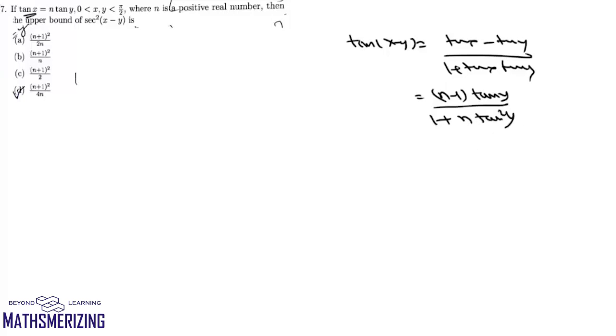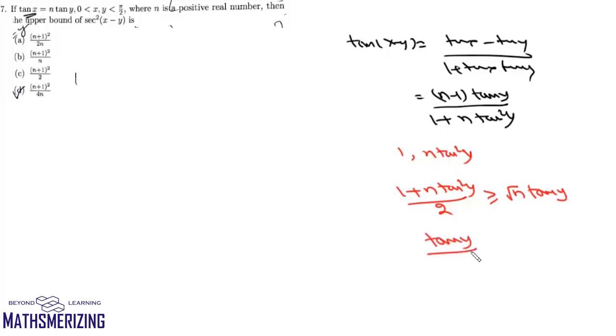Now if we take the arithmetic mean of 1 and n tan square y, we can write this as 1 plus n tan square y by 2, and it will be greater than or equal to its geometric mean, and its geometric mean will be under root n tan y. From here we can say tan y upon 1 plus n tan square y is always less than or equal to 1 upon 2 root n.